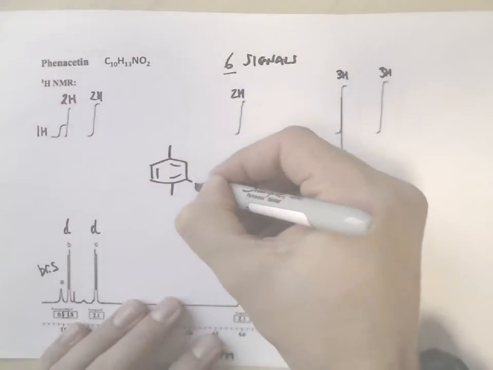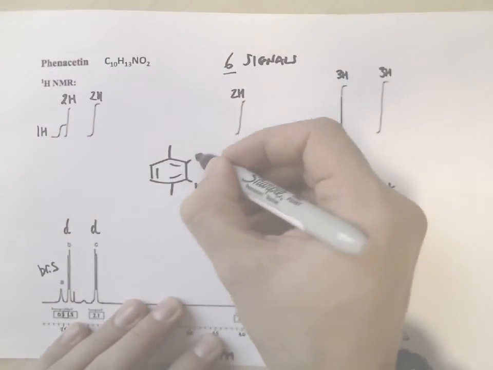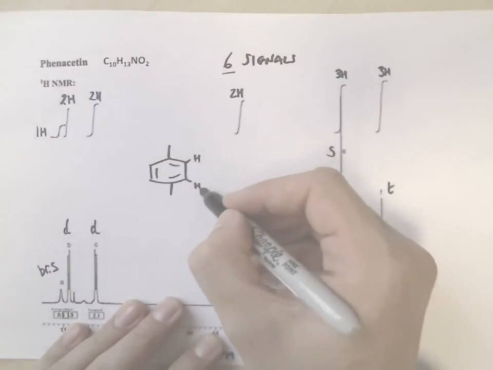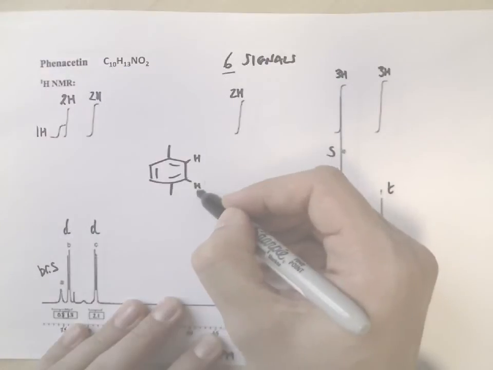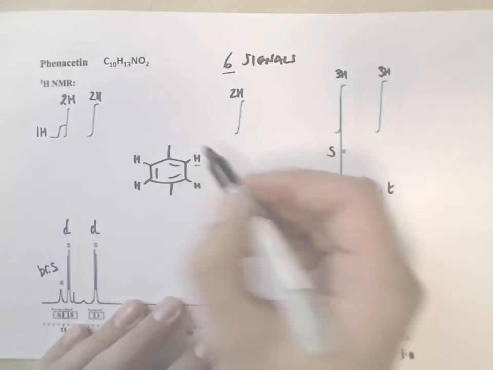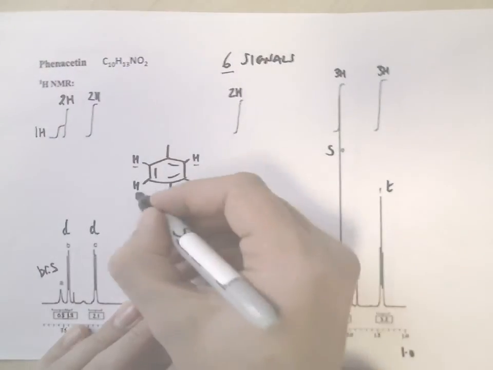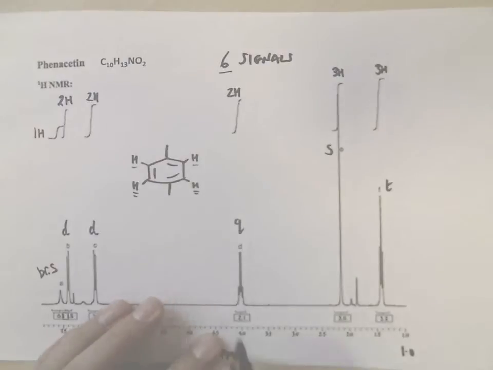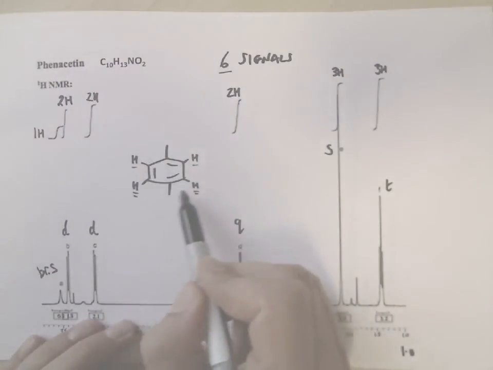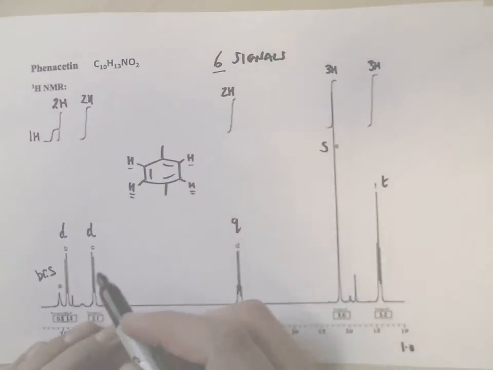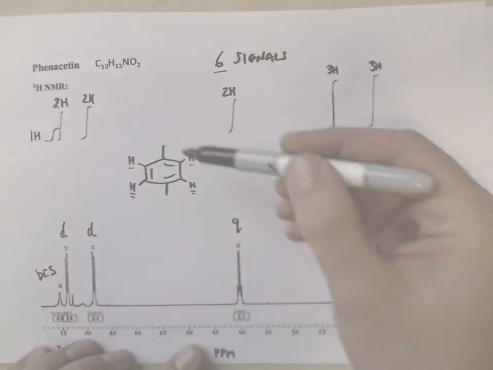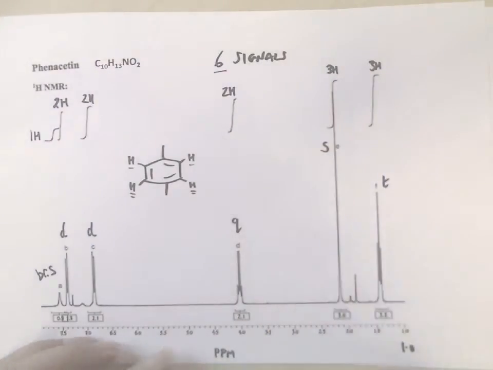Because this proton here has one neighbour to give you a doublet, and this proton here has one neighbour to give you a doublet. And these two protons are the same. So this one is the same as this one, and this one is the same as this one. So we have symmetry in this molecule. So you see a doublet for these two and a doublet for these two. And looking at the integration, they both integrate to 2 and they're in the aromatic region. So we know we have a para-substituted benzene ring.